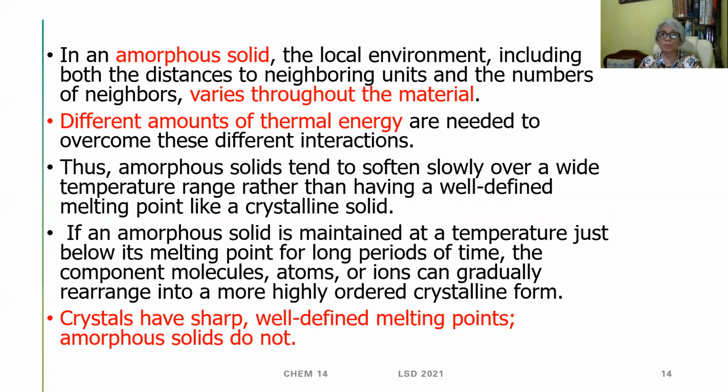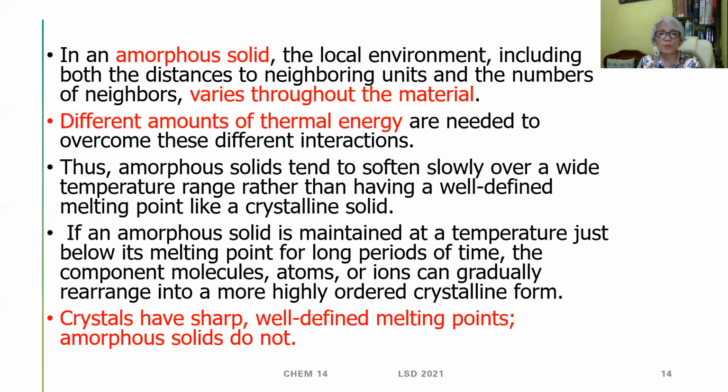Now, in an amorphous solid, the local environment, including both the distances to neighboring units and the number of neighbors, varies throughout the material, very unlike crystals, which are fixed. And therefore, because of this, different amounts of thermal energy are needed to overcome these different interactions.